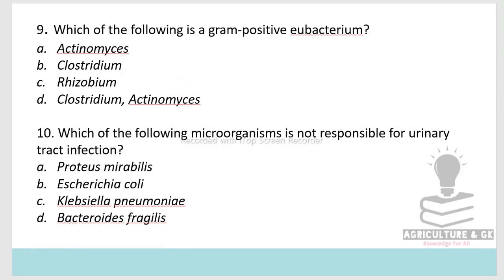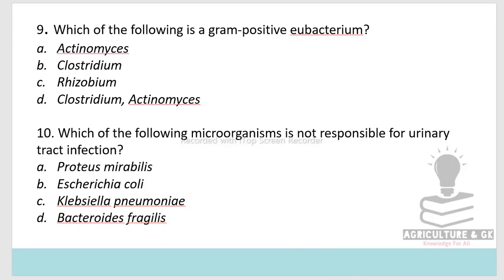Now moving next. Our next question is, which of the following is a gram-positive bacterium? So we have already discussed which bacteria are gram positive and which are gram negative. If you haven't watched the previous videos, you can go and check them. So now our options are Actinomyces, Clostridium, Rhizobium, Clostridium and Actinomyces.